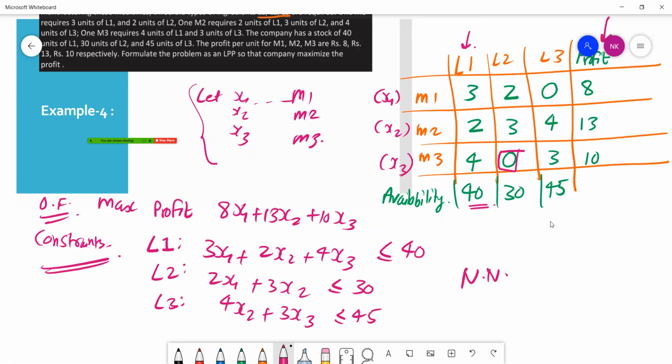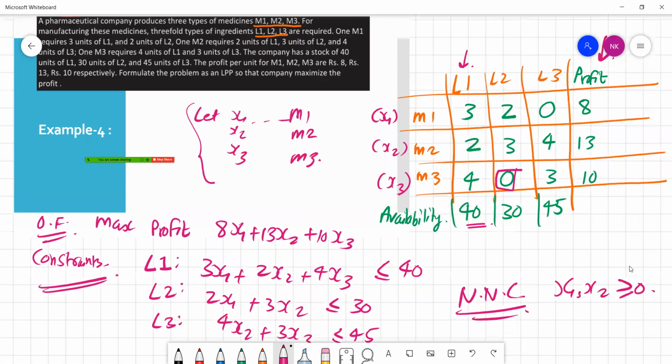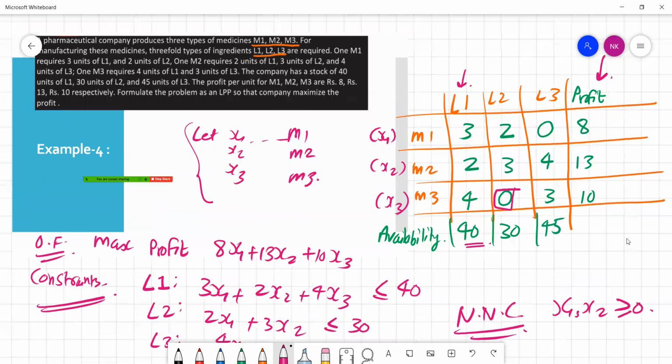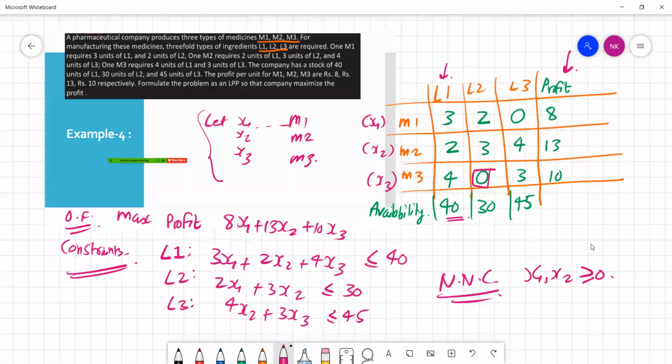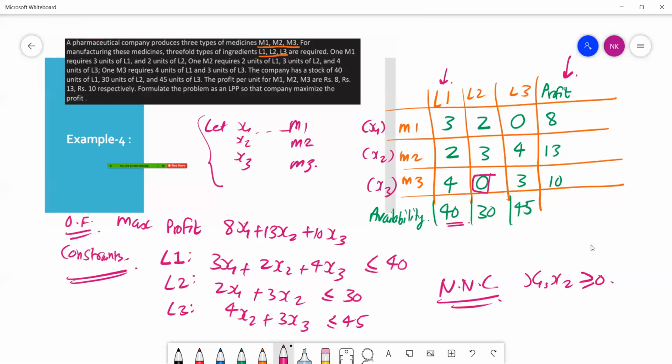And the non-negative constraints: x1, x2 must be greater or equal to 0. That's it, this is the mathematical model. Sir, x3 also non-negative? Yes, I just forgot, I went into the flow of the previous examples. So x3 must be greater or equal to 0.